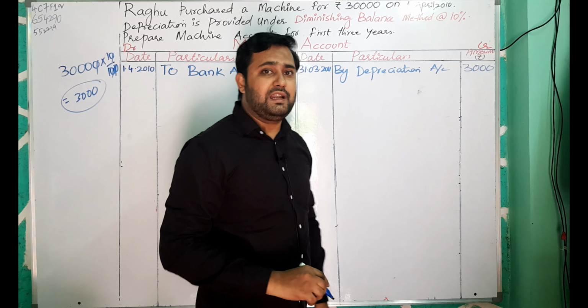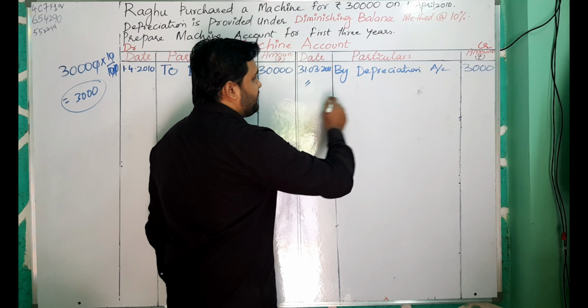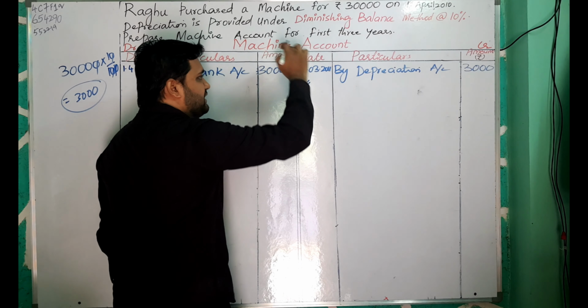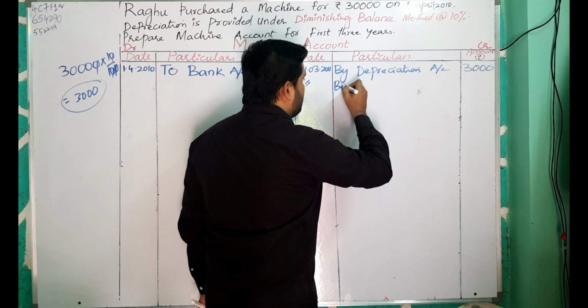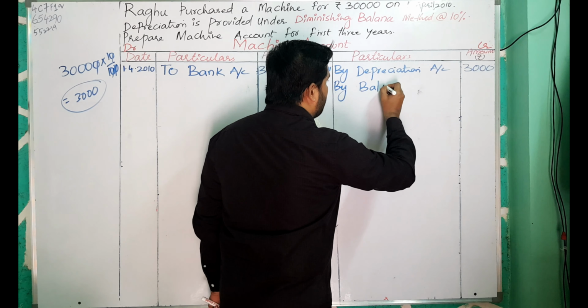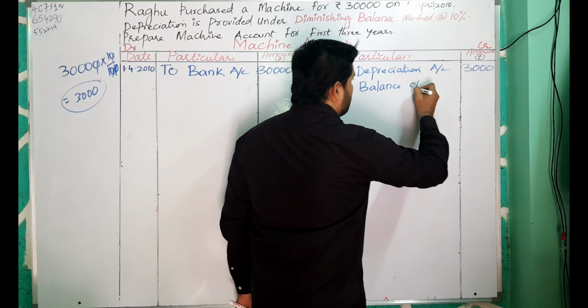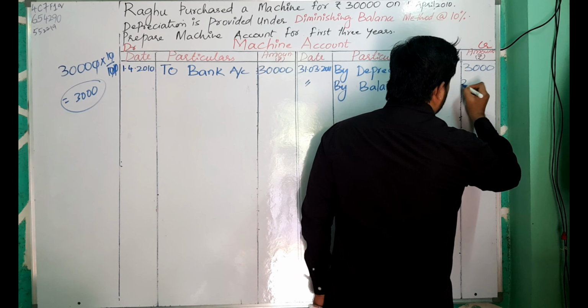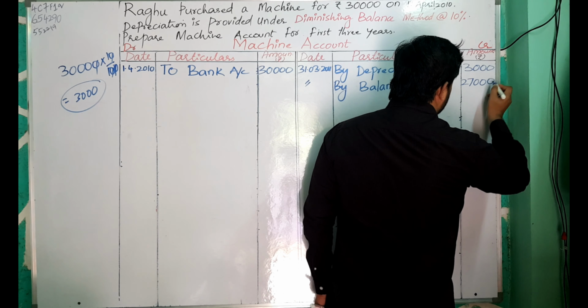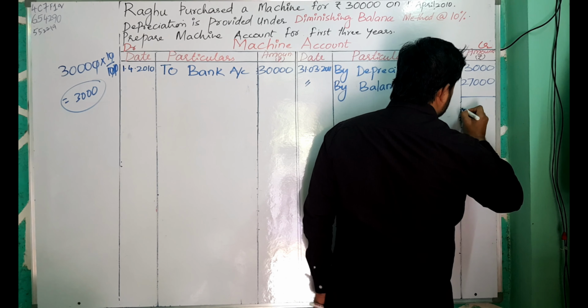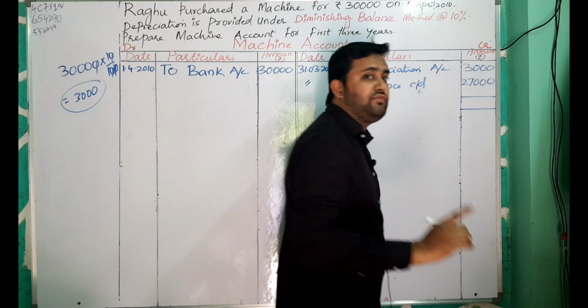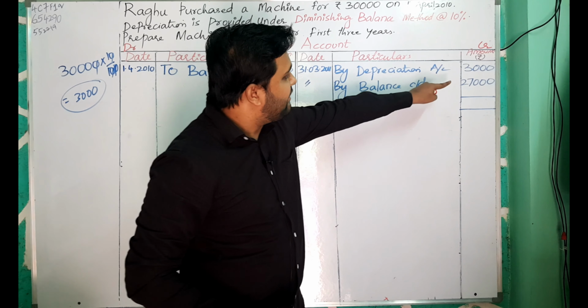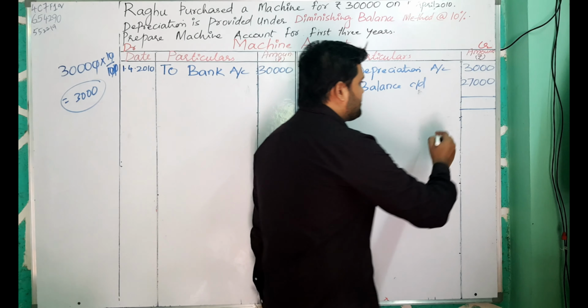Now what will be the balance carried down? If you deduct 3,000 from 30,000, you will get 27,000 by balance carried down. So after usage of 1 year of the machine, the value of the machine is 27,000.